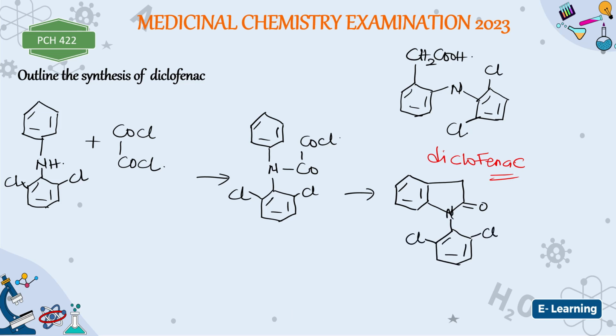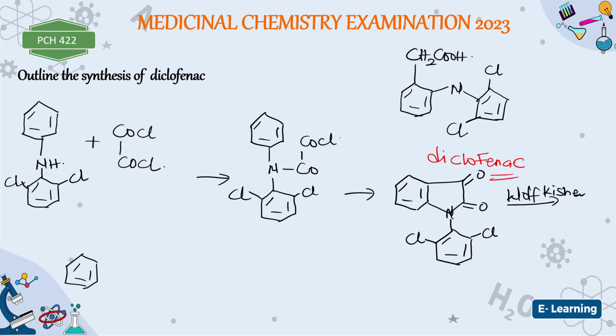Here will be Cl, here will be Cl. There's another double bond here, right? So there will not be hydrolysis. Okay. Wolff-Kishner's reduction. Wolff-Kishner suggests that if you have a ketone group here, this group can be converted to alkane by the Wolff-Kishner's reduction.